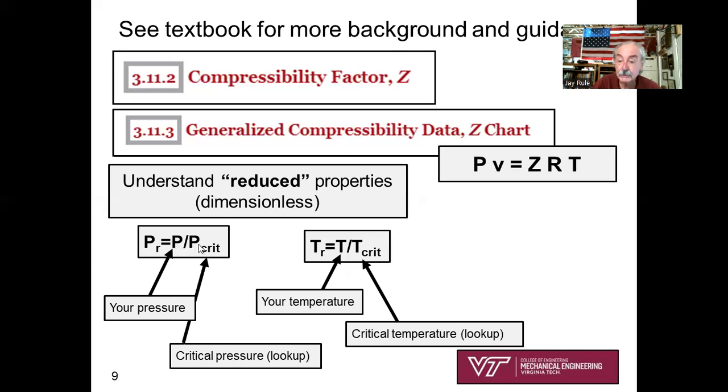Critical pressure is a lookup from that table A1. T over T critical is T_R, your temperature over T critical, a lookup. Of course, you want to keep both of your temperatures in absolute temperatures to get the correct value for T_R, dimensionless. Okay, so this is an important slide. Understand P_R and T_R, the reduced properties. They're dimensionless.